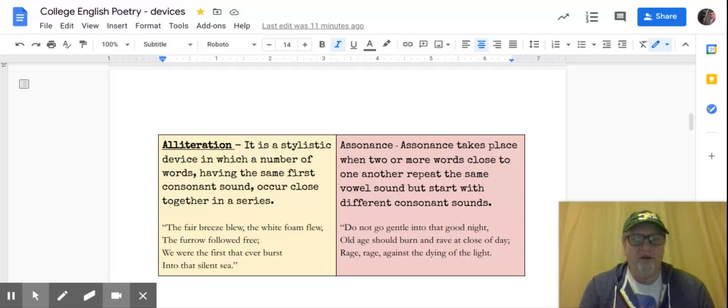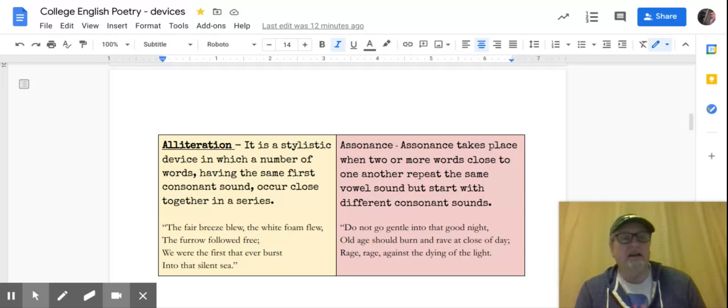When you read this full-on Dylan Thomas poem, it's nearly impossible not to yell these lines. You should rave, you should rage. Old age, day. Dylan Thomas is writing this poem, and we'll look at this one more closely later on too, as his father lay dying, and he's trying to inspire his father to live: rage against the dying of the light.